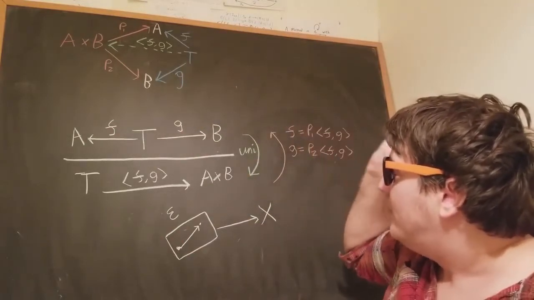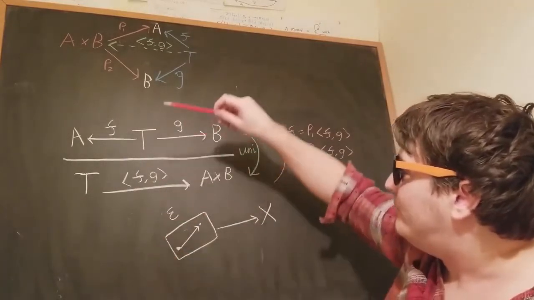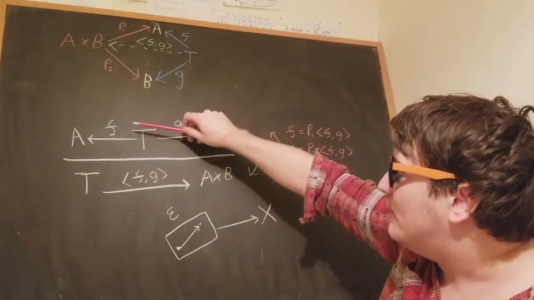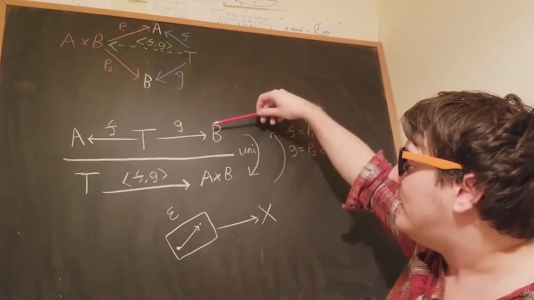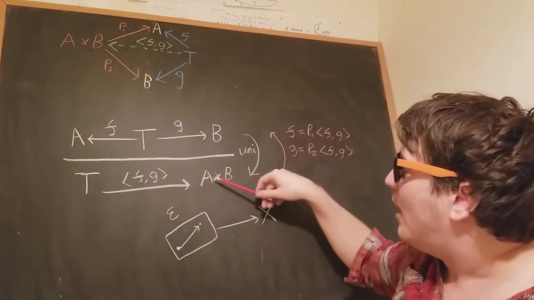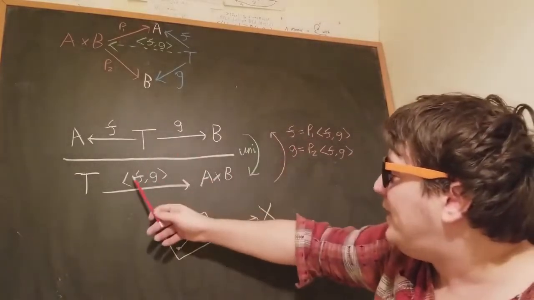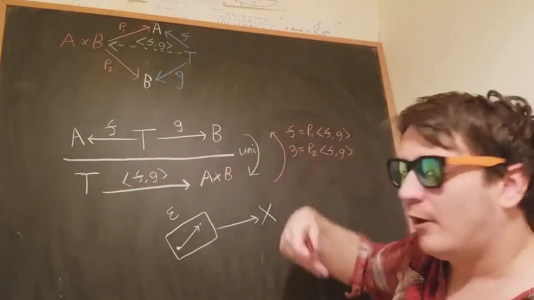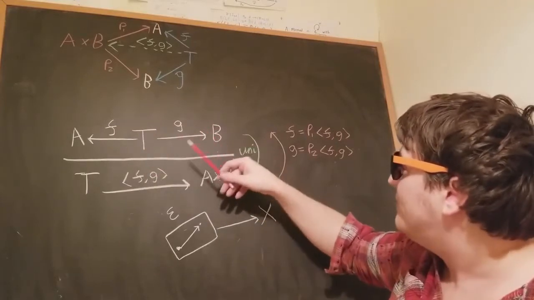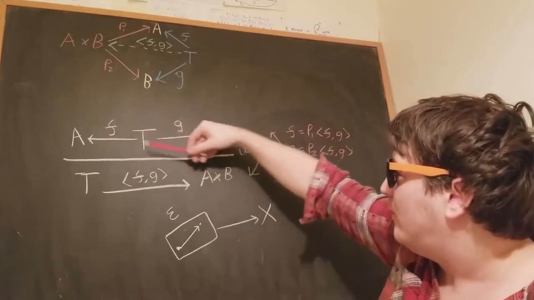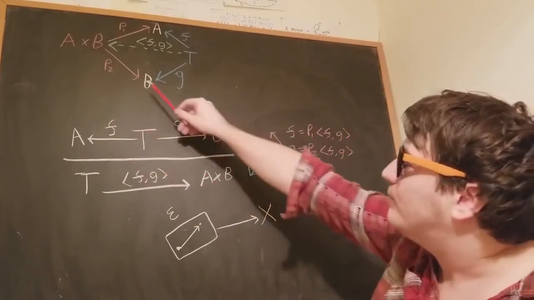We can say that a categorical product has the feature that if we have two generalized elements, a T element of A and a T element of B, then that corresponds to a T element of A times B. And we can also go the other way around: a T element of A times B corresponds to a pair of a T element of A and a T element of B. We get those individual T elements using the projection arrows of our product.